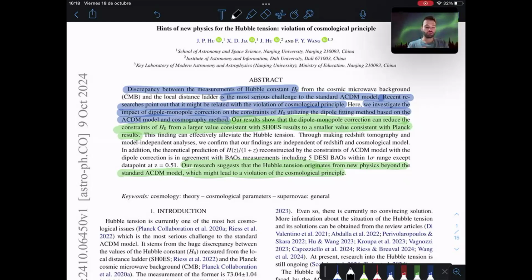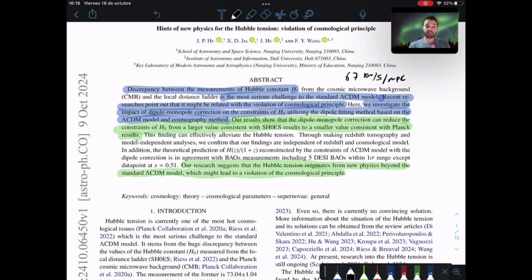It also uses physics from the cosmic microwave background. And from that physics, it finds a value close to around 67 kilometers per second per megaparsec. That's the value found from the early universe physics.